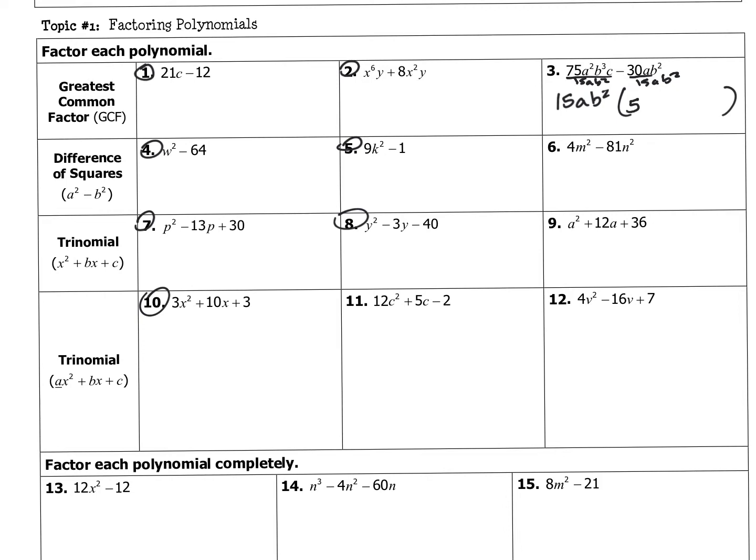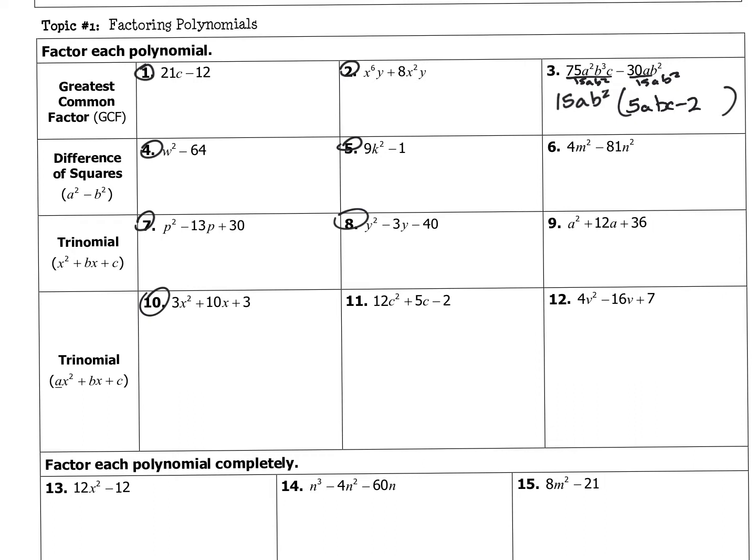A squared divided by a is a. B to the third divided by b squared is b. And we still have a c there. Minus 2, and ab squared cancels out. So 5abc minus 2 is what's left in the parentheses. All right, so that's a GCF.